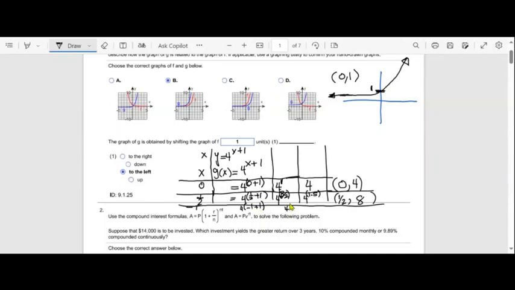So that gives you 4 to the power of 0. How much is 4 to the power of 0? 1, exactly. So your point here is going to be negative 1 and 1. Good. So the point here is going to be up here, right?